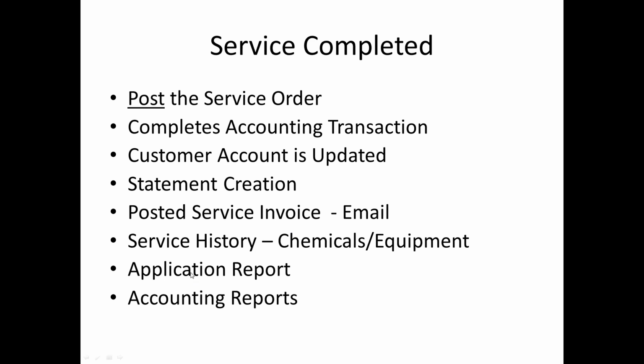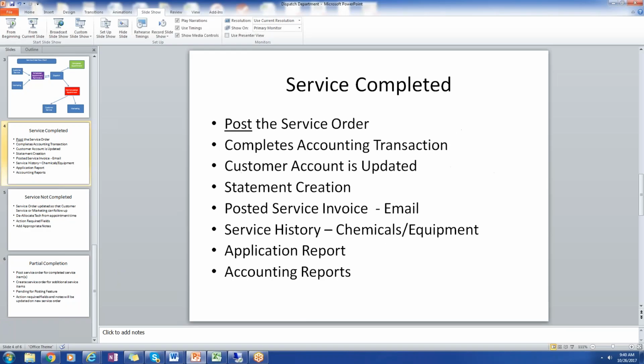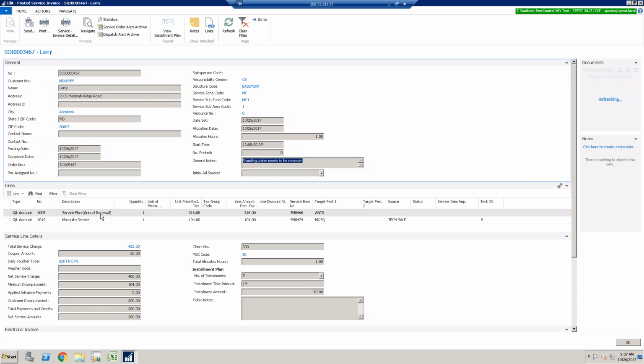We've also got history of all the chemicals that we have used, payment history, and all the various accounting reports that we need. So this posting process is like the final accounting for each appointment, and it really creates a good history for us to use going forward. So I hope this gives everybody a better understanding of the posting process, what dispatch does with the appointments, and this will be a part of the level 2 testing for the marketing and customer service department.